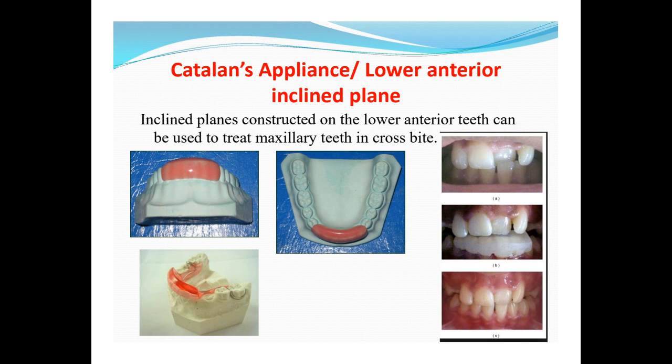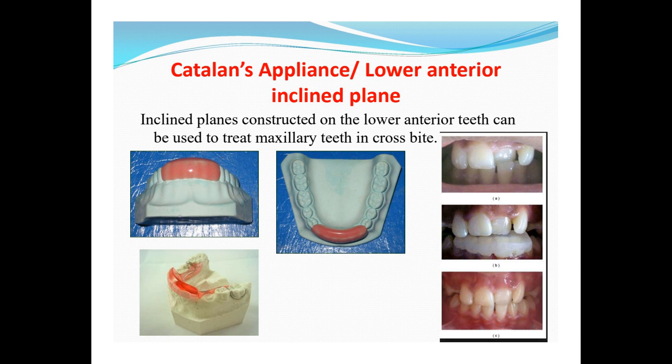Next, moving on to the Catlan's appliance or the lower anterior inclined plane. As you can see from the design of this appliance, it is mostly given in the lower arch. It is an acrylic bulk added to the lower incisors. What do you see in this picture? Here your child has got anterior crossbite. Anterior crossbite means what? The upper incisors are inside and the lower incisors are outside.